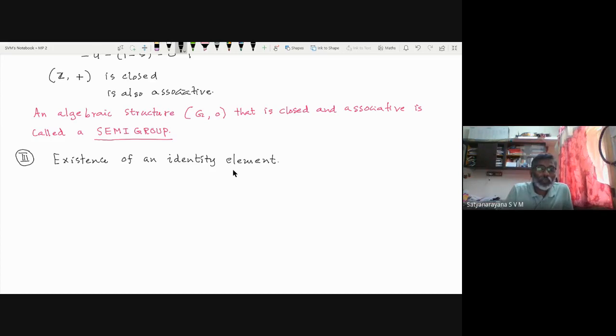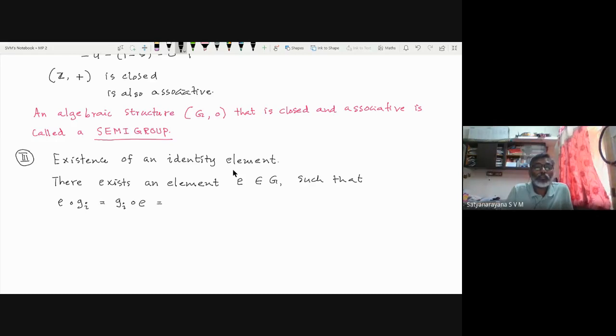That means there exists an element, I will call it E in the set G, such that when E is composed with Gi, or when Gi is composed with E, we will get Gi for all Gi. So there must exist some element like this. Such an element should be there.